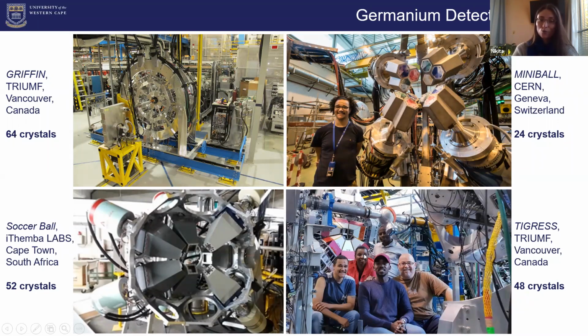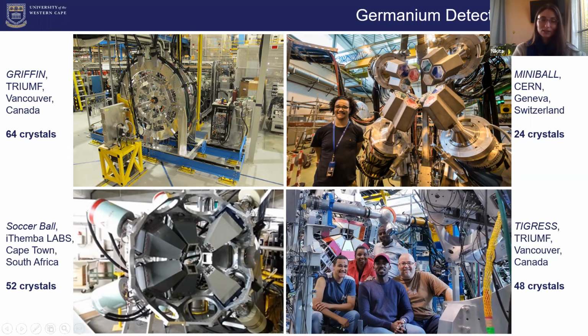You have one hemisphere here and another one here, and the whole group is sitting right in the center of the detectors. And all together we have 48 crystals. Zoom is always in the way, but now I can see 48 crystals. So you can see everything is a little bit different, but always germanium crystals.